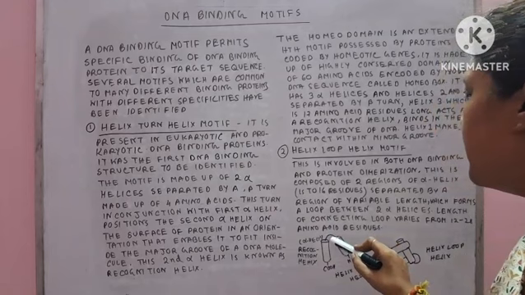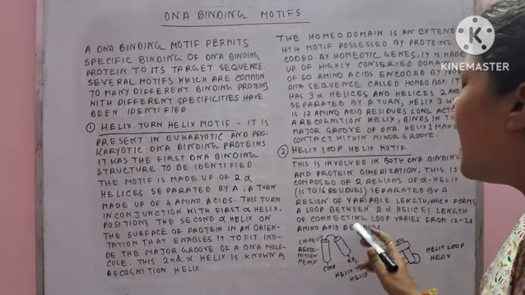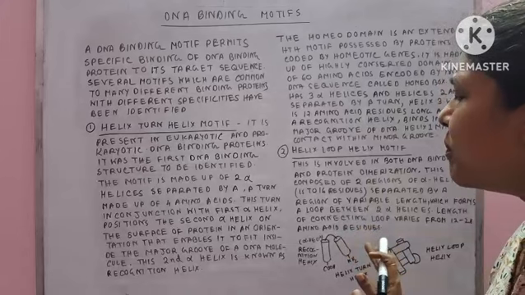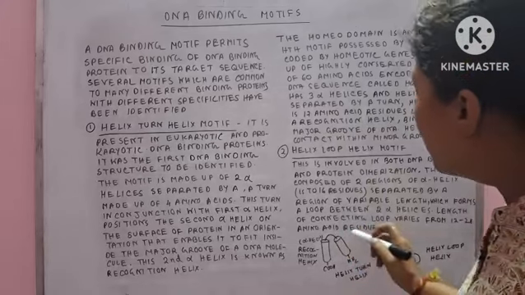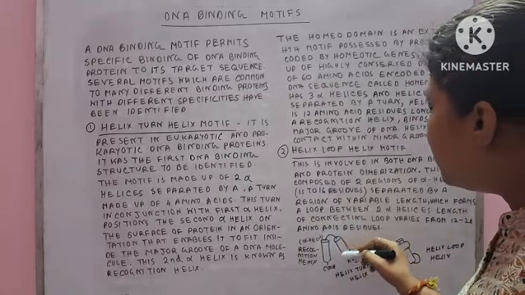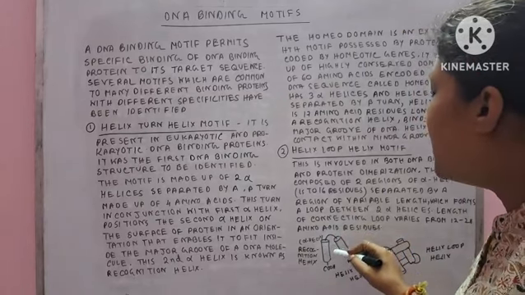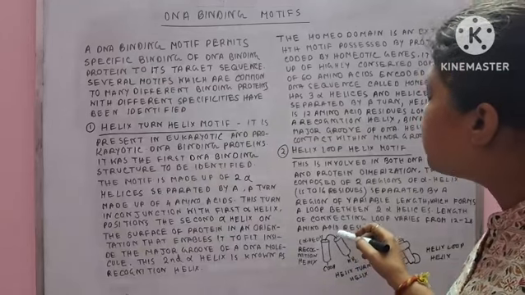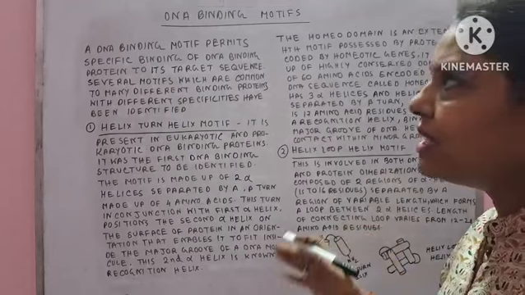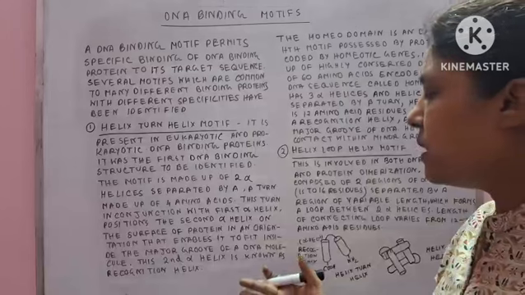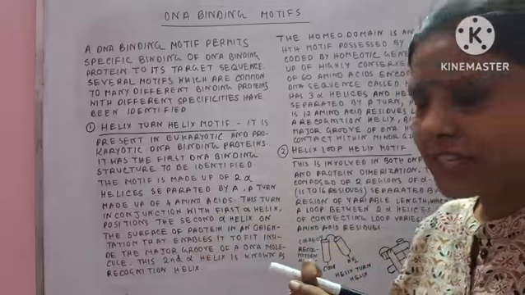You can say that the first one and the second one are attached to each other by the beta turn, forming an angle. And why do they remain this way? Because remaining in this position just helps them to attach to the DNA very perfectly.